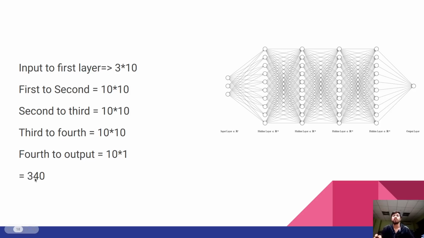Sir, how can we write this in general? Okay, so in general you can see the input into hidden dimension, right? First one is this.